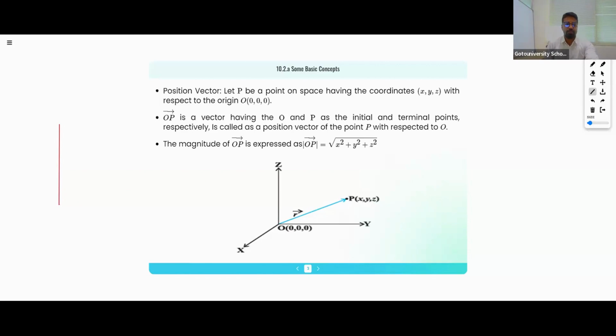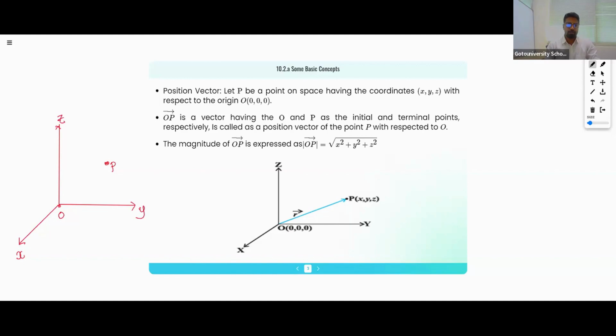So I am defining three dimensions along the three axes, which are the X, Y, and Z axes. I am rewriting the same diagram here, so please pay attention. It's very interesting, the different aspects of vectors. There is a point P here, and O is the origin of this X, Y, Z axis system, a three-dimensional space.